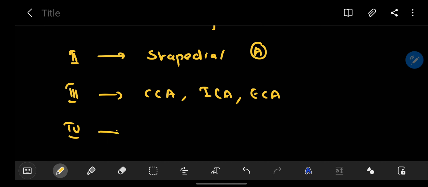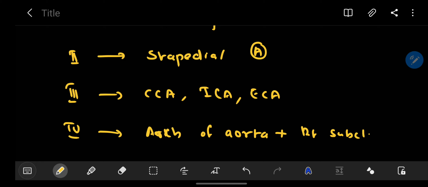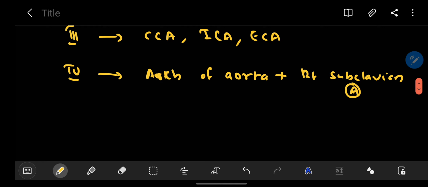From the fourth arch artery, the arch of aorta plus the right subclavian artery are formed.